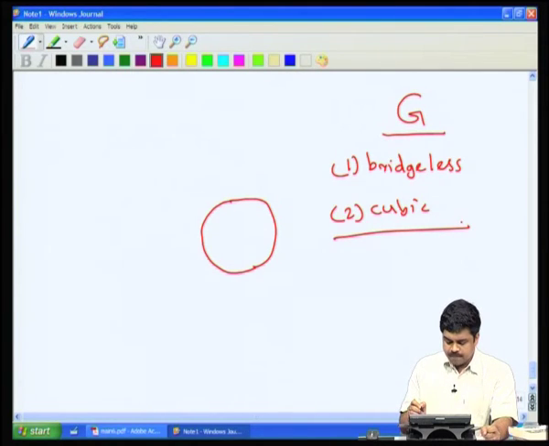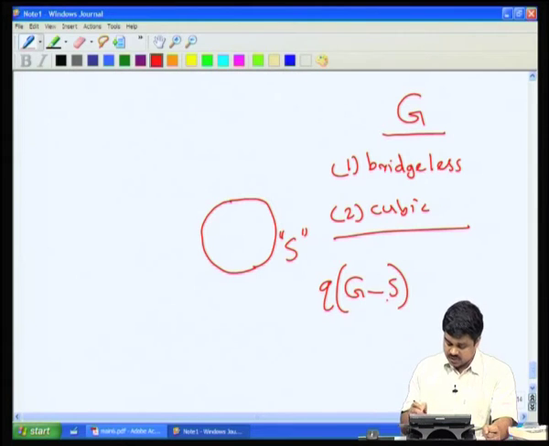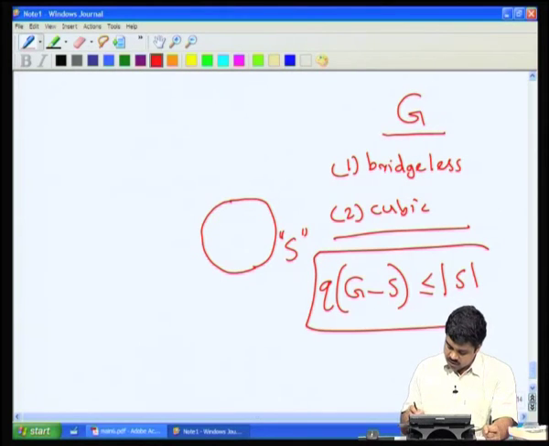Now, you can consider any subset S. I will show that q(G minus S) is less than or equal to the cardinality of S. If you show this for every subset, then Tutte's condition is true, and therefore we will have a perfect matching.